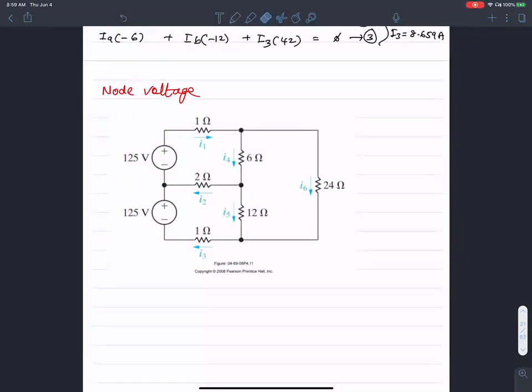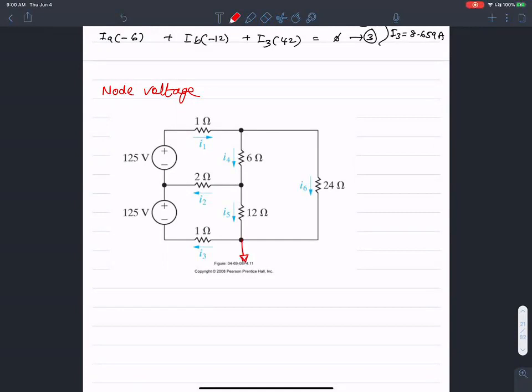I suppose we'd start by choosing a ground. Sure. So I suppose a good spot would just be bottom center. Sure. You can use that guy as the reference node.